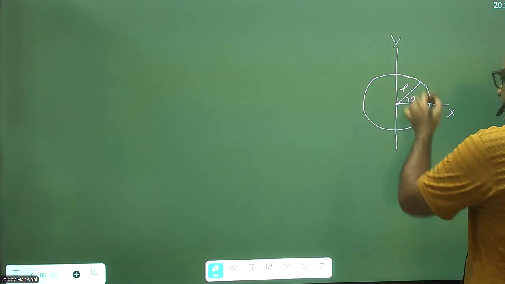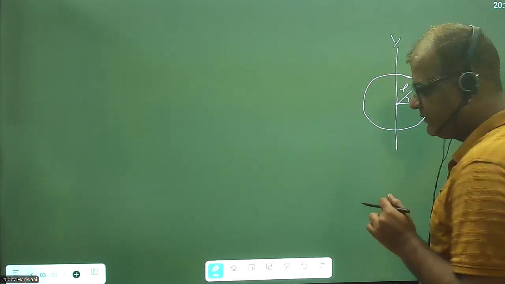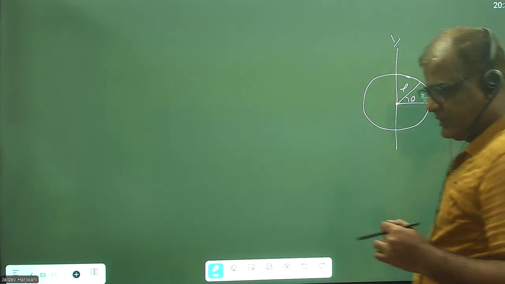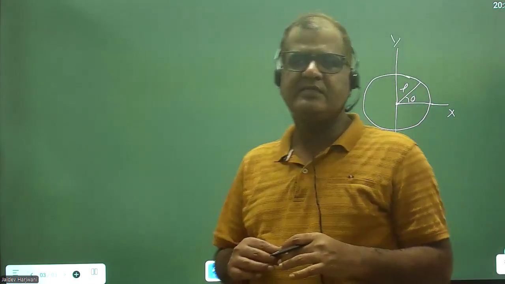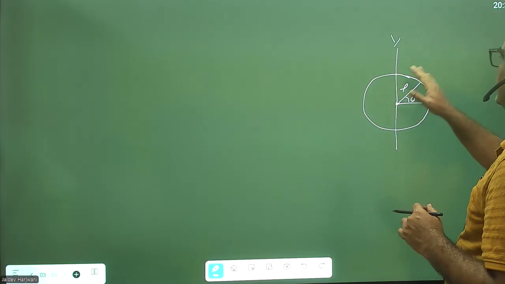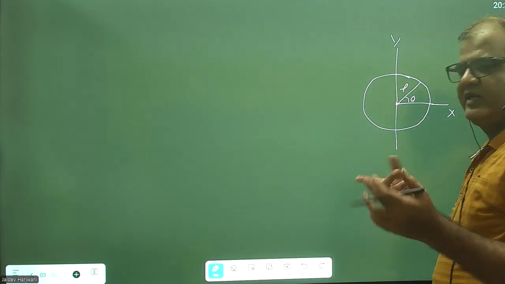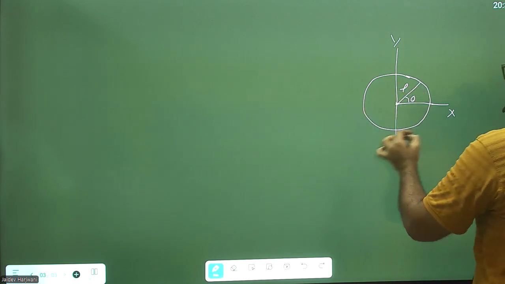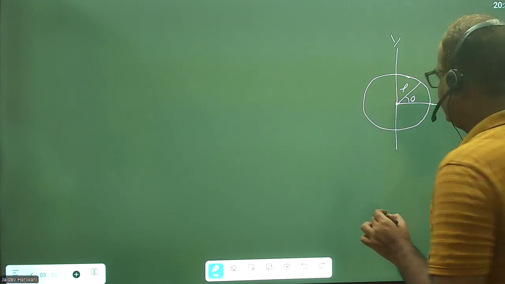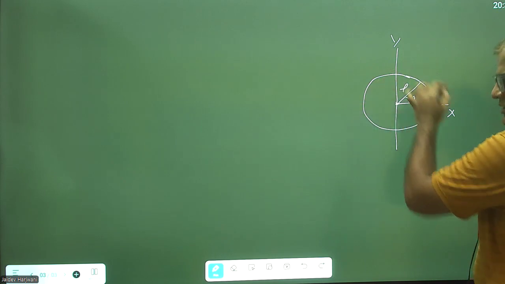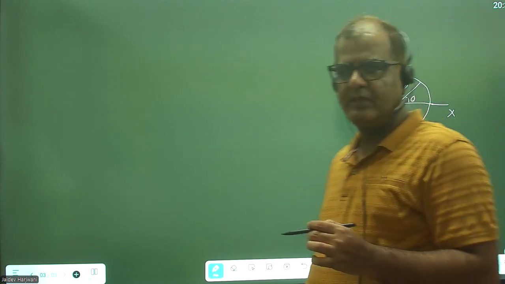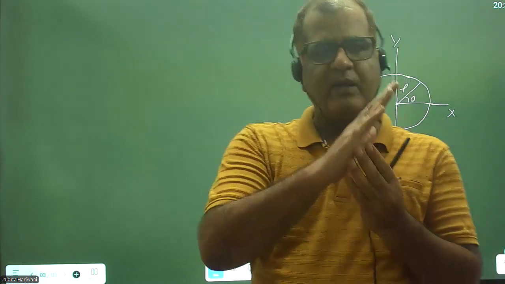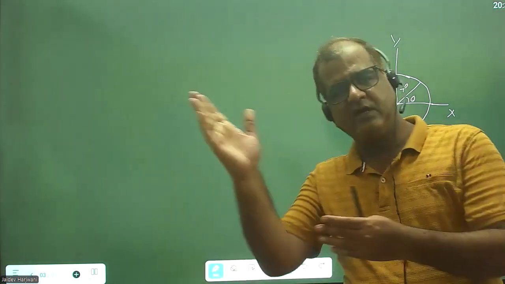Now this rod is continuously moving, and I have an instrument or device which can measure this angle with 1 degree accuracy. That means there are a total of 360 possible states. The rod can be at angle 1 degree, 2 degree, 3 degree, 4 degree, 5 degree.